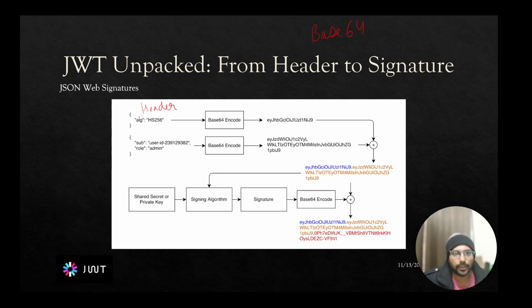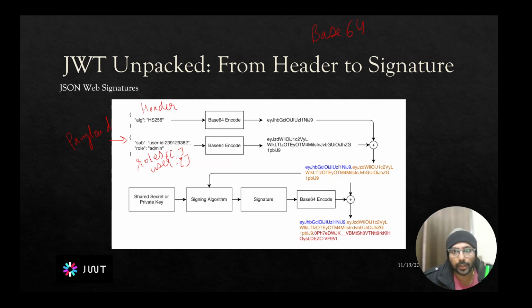Maybe I will show you that also. This is your payload, and it can have any number of more keys like roles, users, key value pairs. Anything can be in the payload. This is also base 64 encoded.